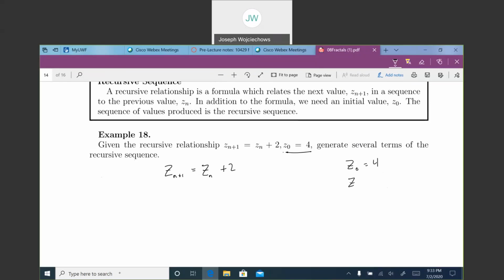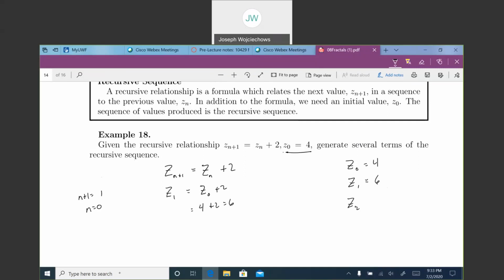Let's look for z sub 1. Well, z sub 1, if n is equal to 1, then n minus 1 is equal to 0. So this is z sub 0 plus 2, and z sub 0 is 4, plus 2, which is 6. So z sub 1 equals 6.